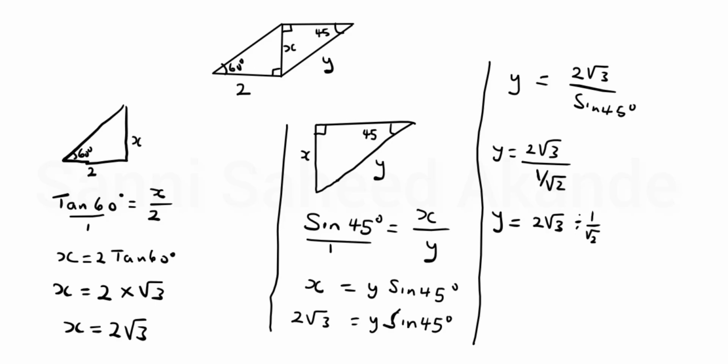Let's change this division to multiplication, and then this 1 over root 2 becomes root 2 over 1. So now multiplying this together, we have 2 times root 3 times root 2, everything over 1. So 2 times root 3 times root 2 will give us 2 root 2 times 3, which is 6. So that is the value of y.